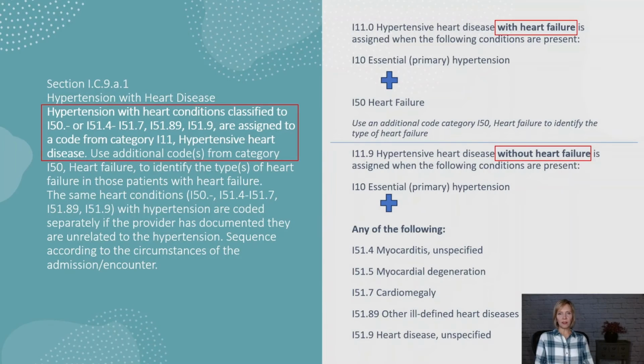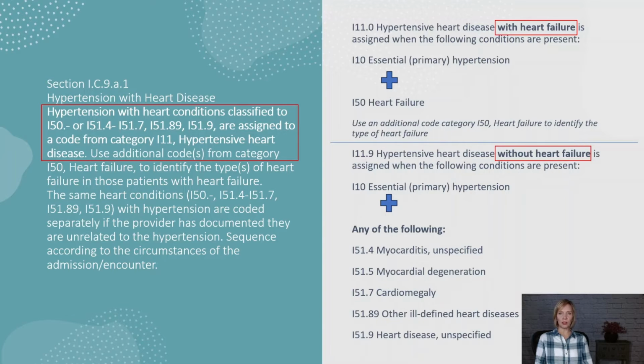The guideline for hypertension with heart disease states that hypertension with heart conditions classified to I50 or I51.4 through I51.7 or I51.89 or I51.9 should be assigned a code from category I11, which represents hypertensive heart disease. This is because there is a presumed causal relationship between hypertension and heart disease.